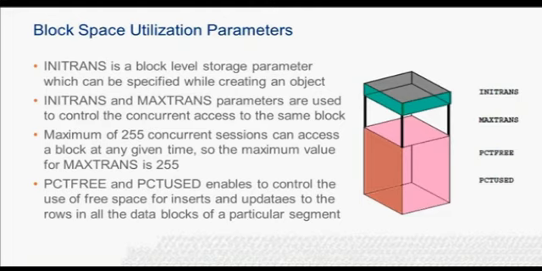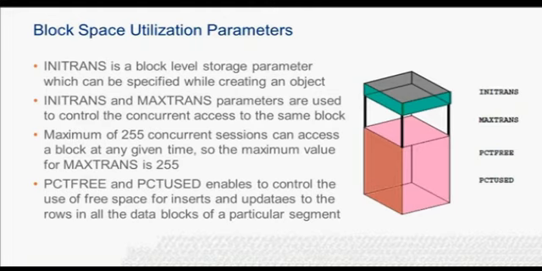A transaction uses only one transaction slot, even if it is changing more than one row or index entry. INITRANS, which defaults to 1 for a data segment and 2 for an index segment, guarantees a minimum level of concurrency. For example, if set to 3, INITRANS ensures that at least 3 transactions can concurrently make changes to the data block. If necessary, additional transaction slots can be allocated from the free space in the block to permit more concurrent transactions to modify rows in the block.